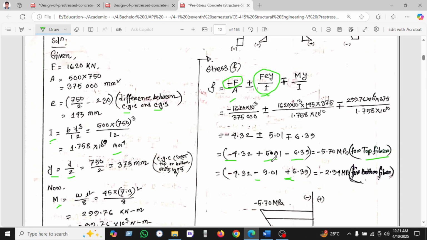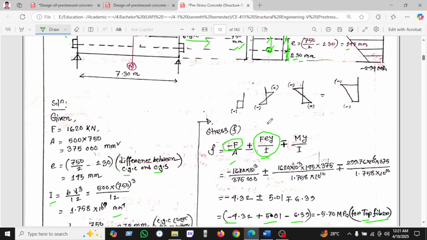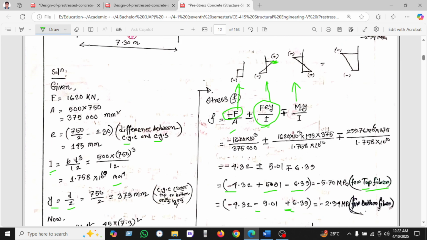If we go to the top fiber, this is the top fiber. We can see for the top fiber three types of load: this is the force load, this is the eccentricity load, and this is the moment load. For the top, the eccentricity term is positive, and for the moment, the top is in compression, so we take it as negative.